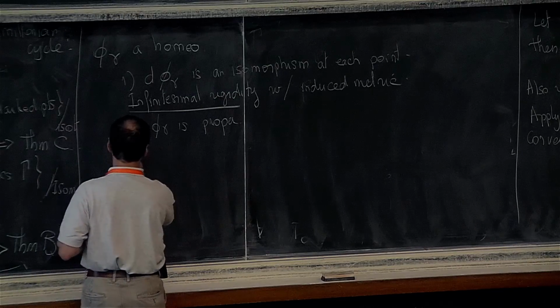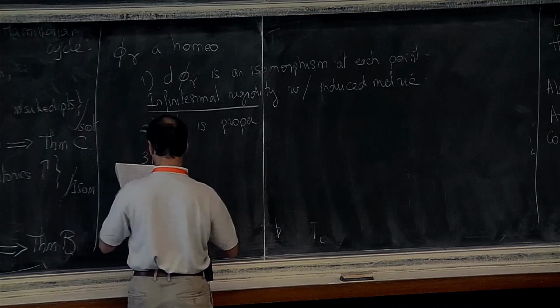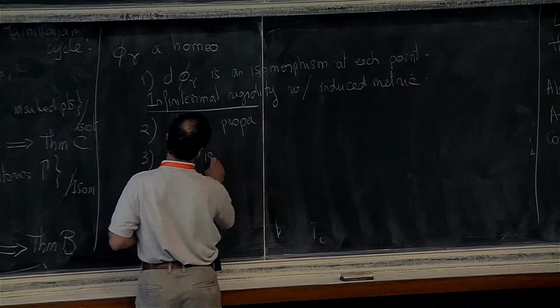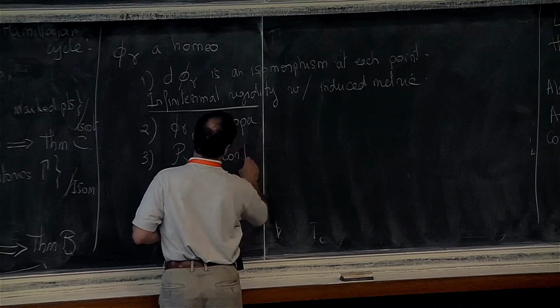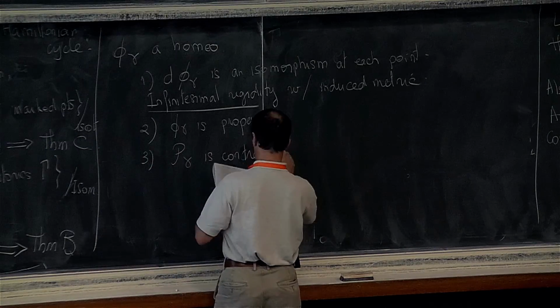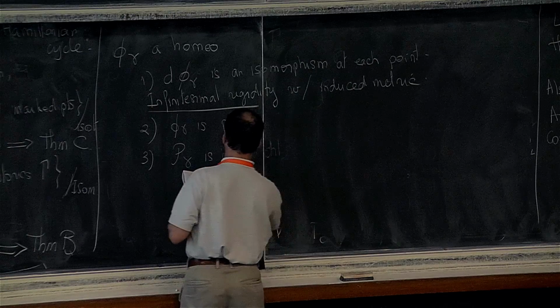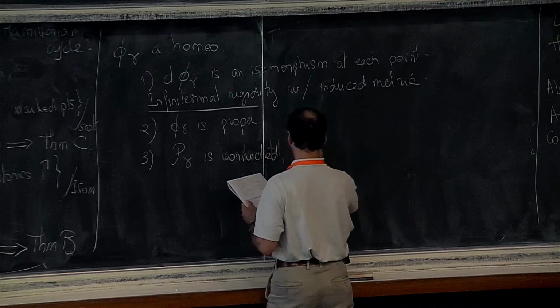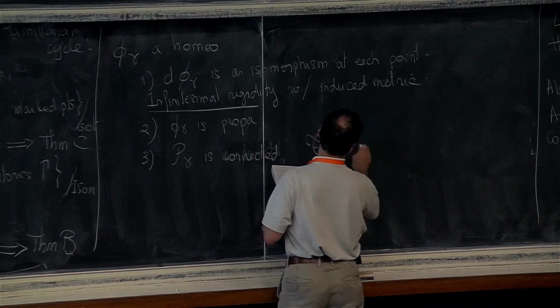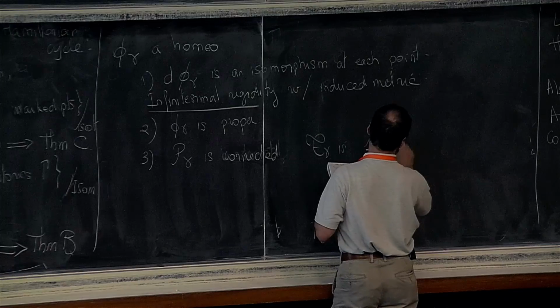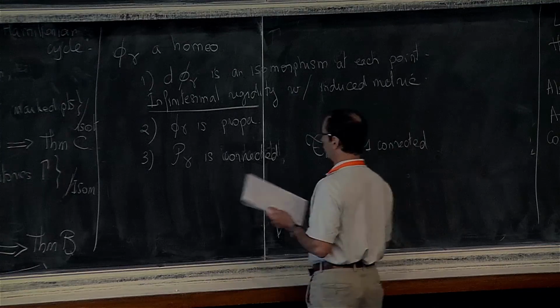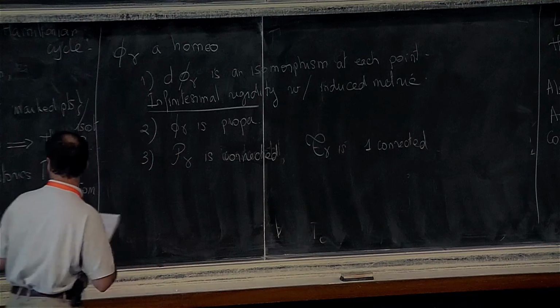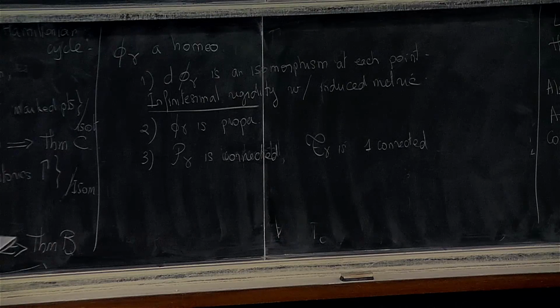And then you can conclude by some topological arguments, which is basically that P gamma is connected, sorry, it's connected, and that the space of metrics is connected and simply connected. Right? If you have this, then you can conclude. And this is for proving that phi gamma is a homeomorphism.